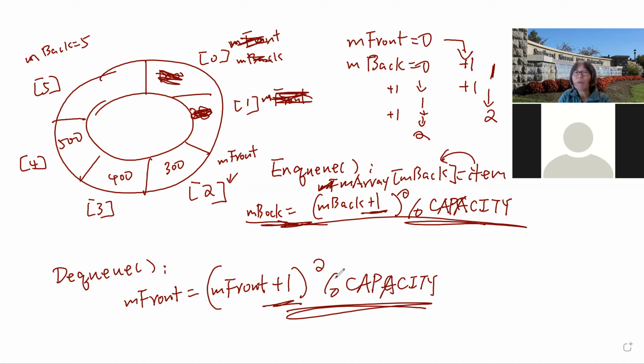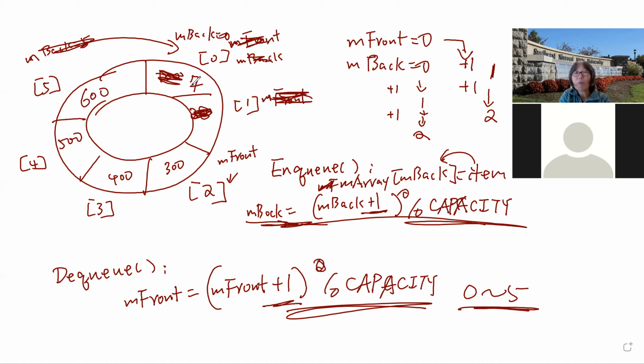So then that won't cause any trouble here, as it will always keep your front index between 0 to 5, within the range. And in this case, we add 600. So 5 plus 1, then modulo 6, brings it back to 0.